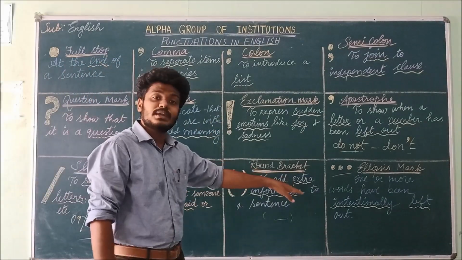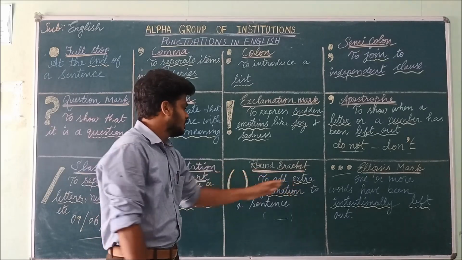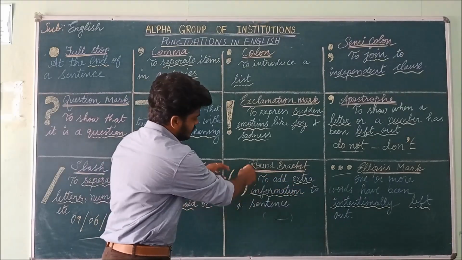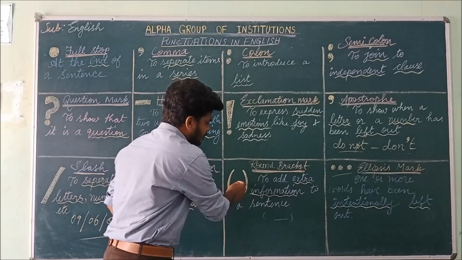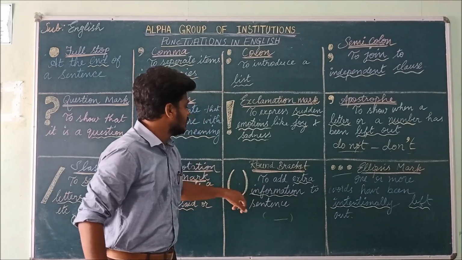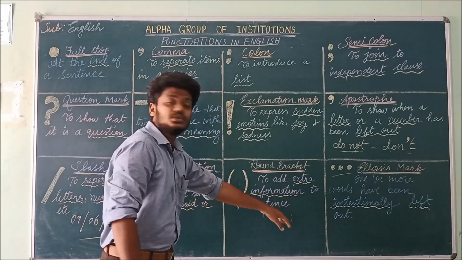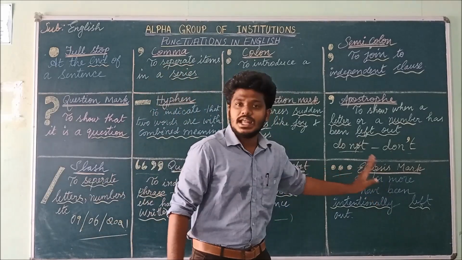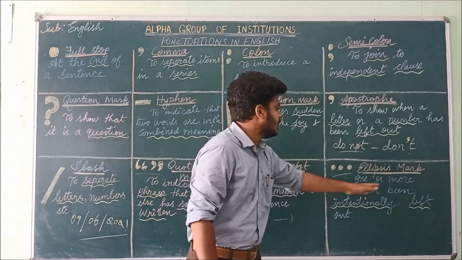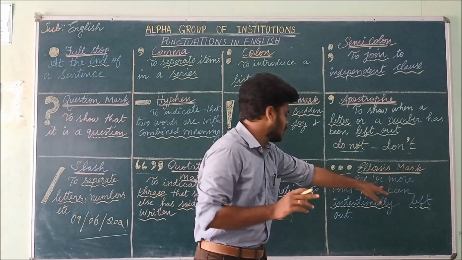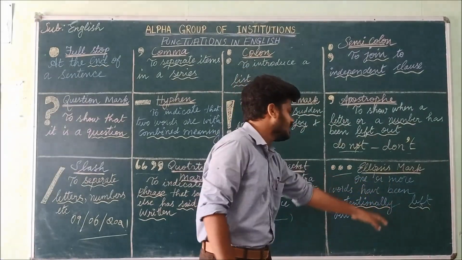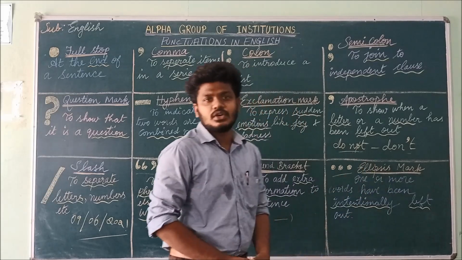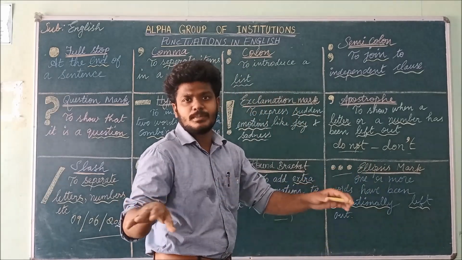And the next one is round bracket. Round bracket is a symbol that is used to add information inside the bracket, that is extra information to a sentence. So that is the usage of round bracket. And the final one is ellipsis mark. Ellipsis mark is used to denote 1 or more words that have been intentionally left out, because the idea is very common or known by everyone.